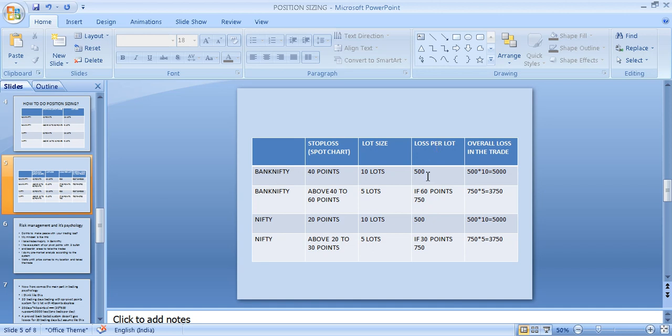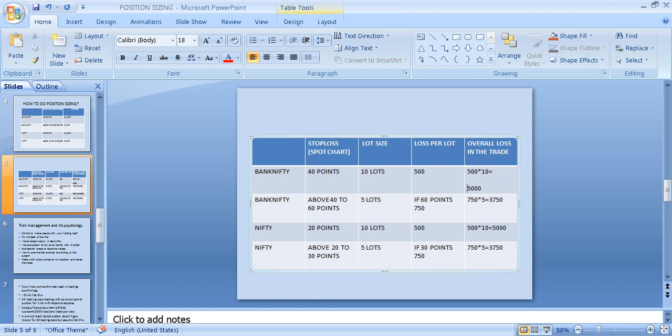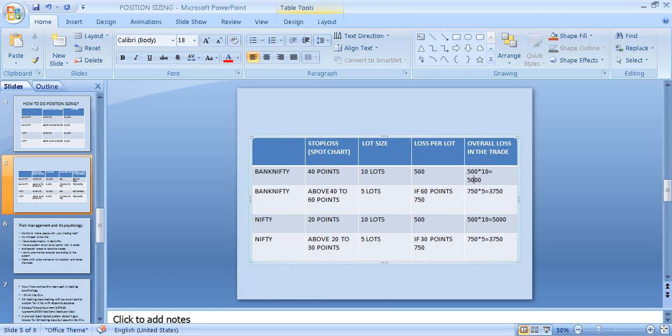That means I aim for 1:2 risk reward every single day according to the context. So this is the 1% I am losing. If this particular trade is a profitable trade, I am going to get 10,000 rupees as a profit.